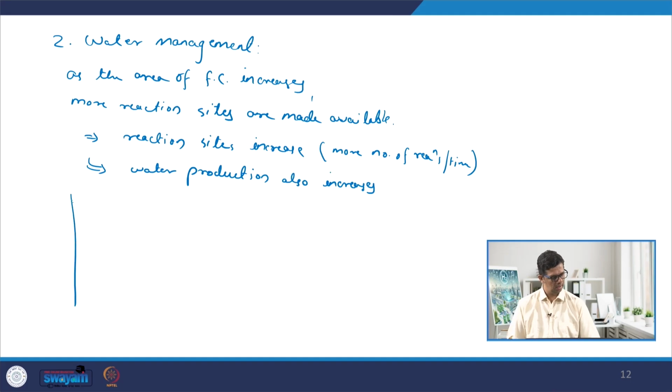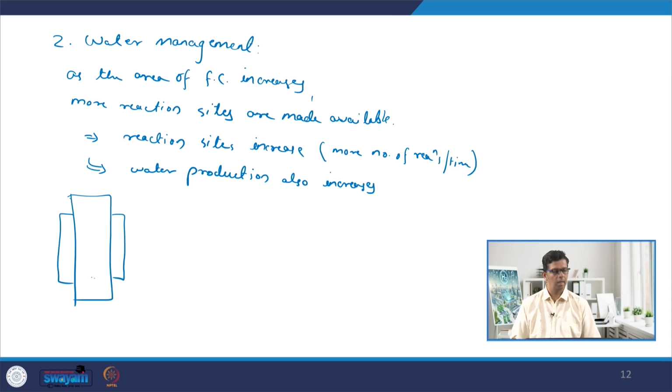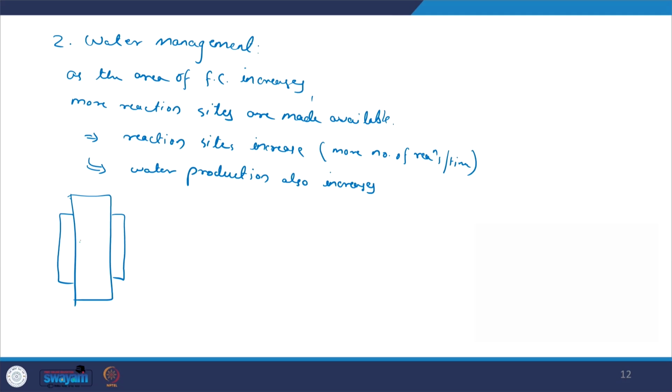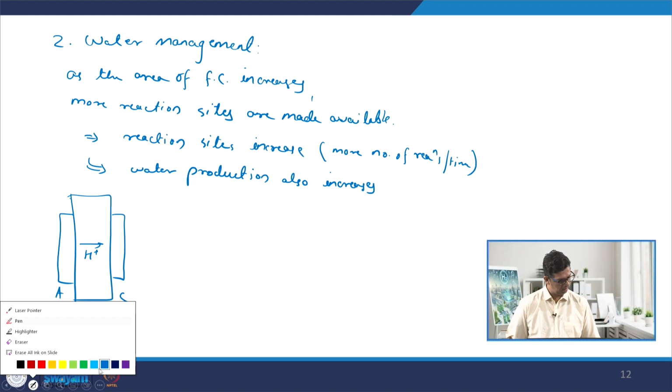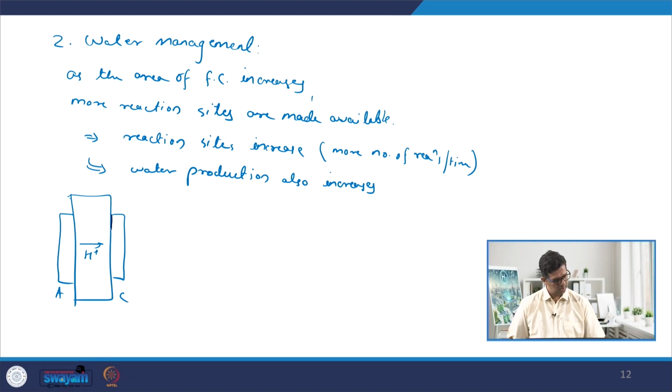So, if we recollect, if you are just talking about a hydrogen oxygen fuel cell having an electrolyte that conducts protons. So, proton transfer, and this is, let us say, anode and cathode. So, we know that water gets produced on the cathode side at the catalyst layer here. So, this is the catalyst layer, or we can say triple phase boundary. So, we can see that this water gets produced on the cathode side.